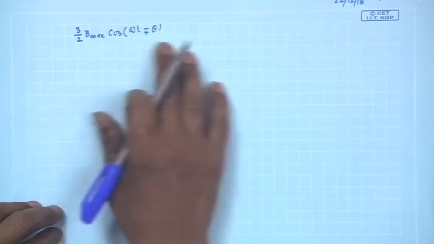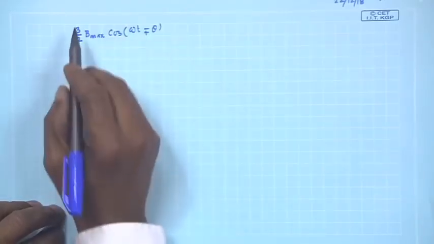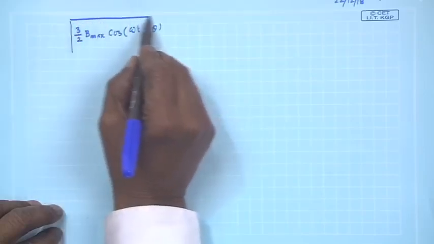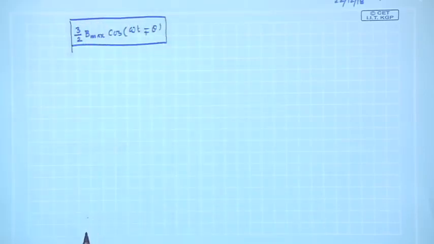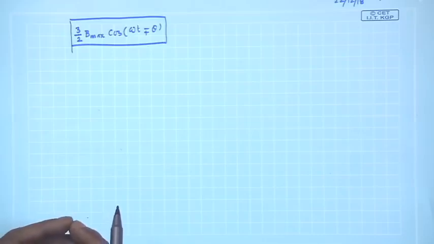So, this is a standard equation for a travelling field, but in any case we will examine that in great detail, and also we will try to show you from another point of view how this rotating magnetic field really moves as time passes.